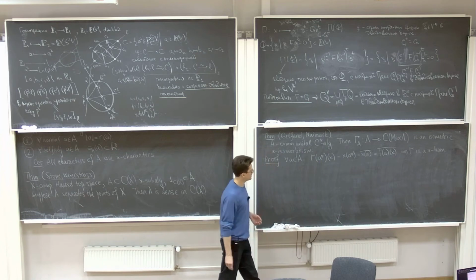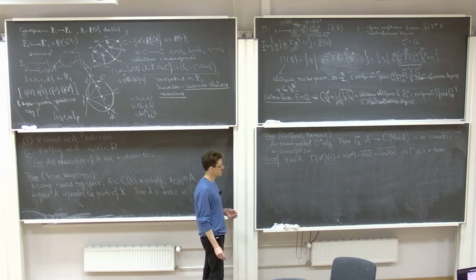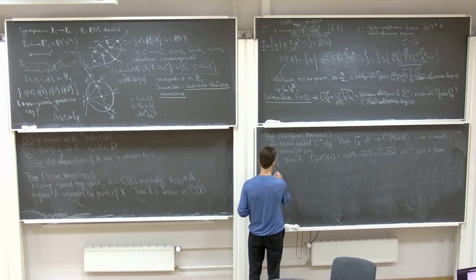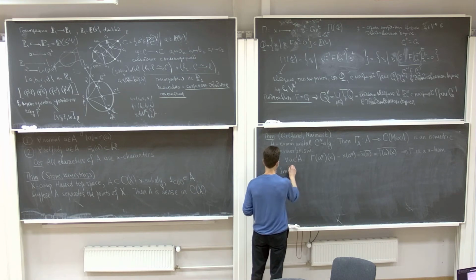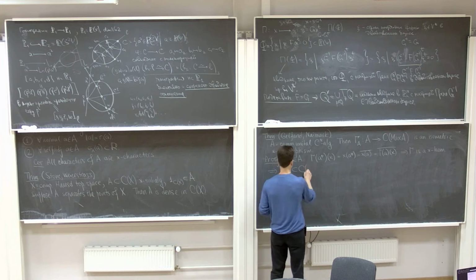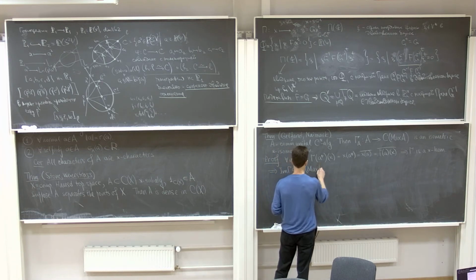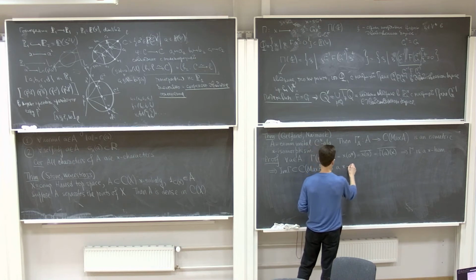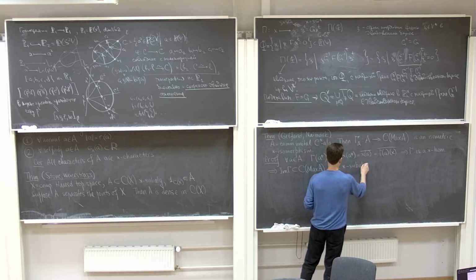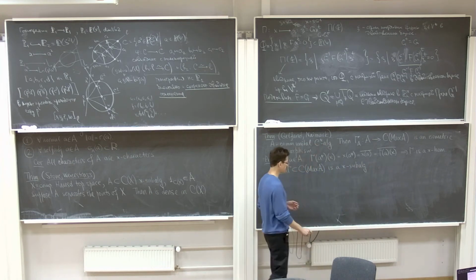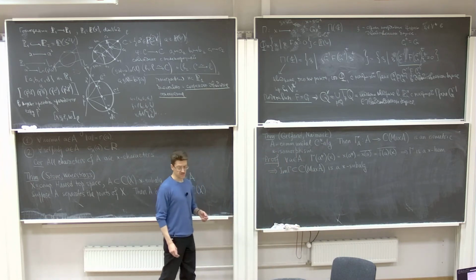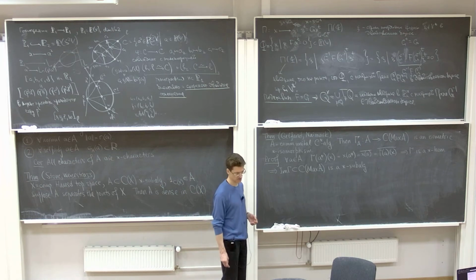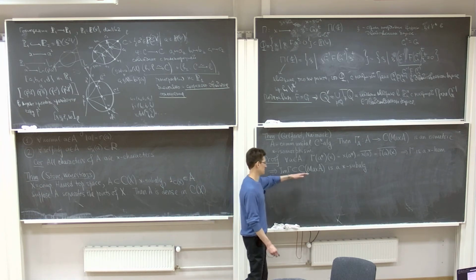Okay, let's now look at the image of gamma. The image of a star homomorphism is always a star subalgebra. The image of gamma is a star subalgebra in the algebra of continuous functions on the spectrum. And it is easily seen that this subalgebra satisfies the conditions of the Stone-Weierstrass theorem. Well, it's a star subalgebra.